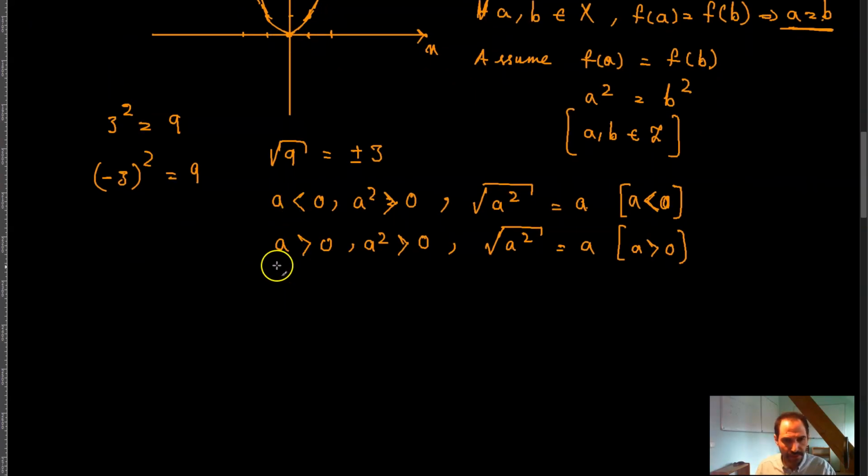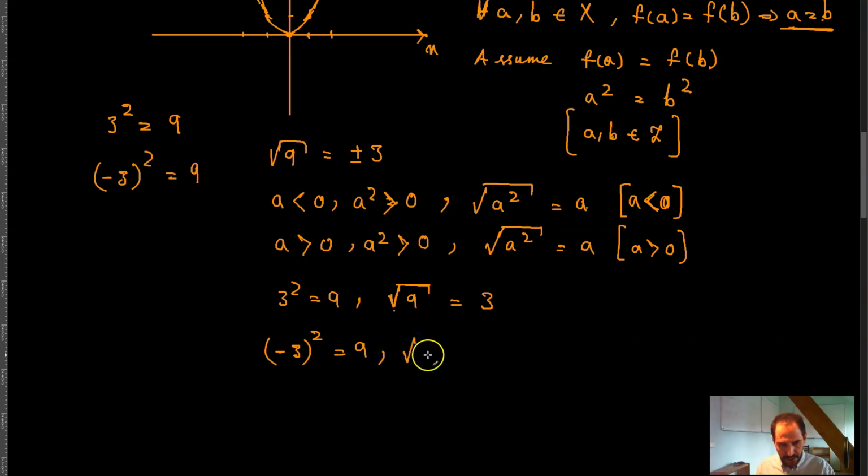Suppose that I write, for example, 3 squared is equal to 9. Then when I write the square root of 9 to get back to 3, that gives me a 3, right? So there is no problem there. Now suppose that I raise negative 3 to the second power to get a 9. Now the square root of 9 here gives me a negative 3 because I started with a negative 3.